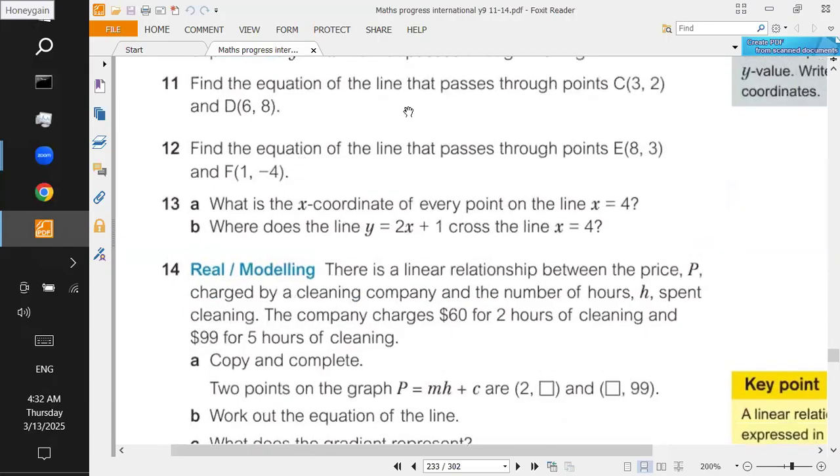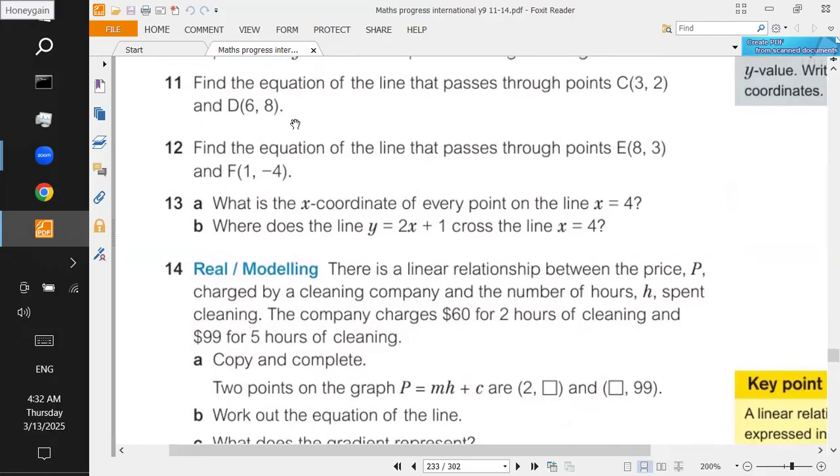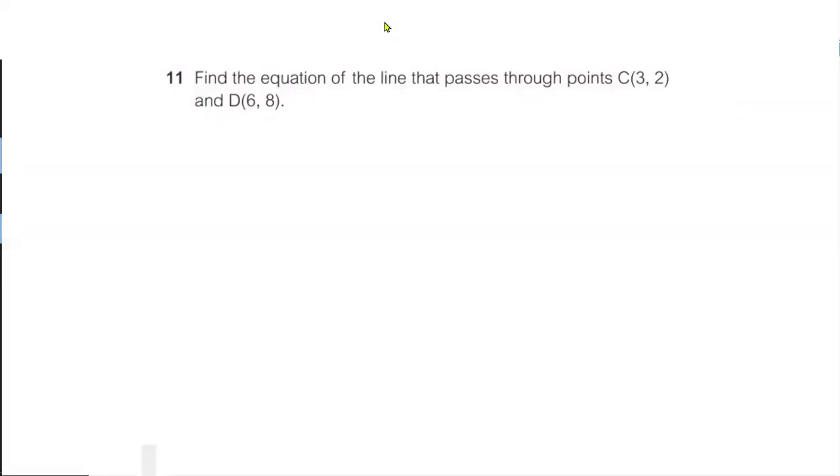Find the equation of the line that passes through point C and point D. Okay, so for a question like this, you're going to use each point alone, make an equation, and then use them both as simultaneous equations.